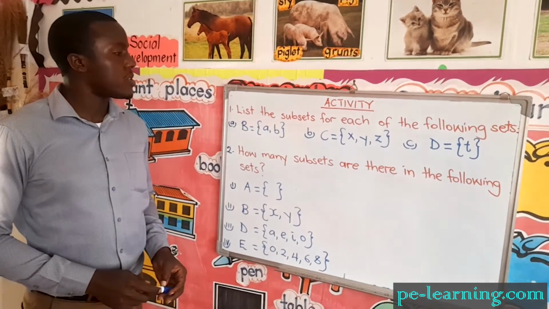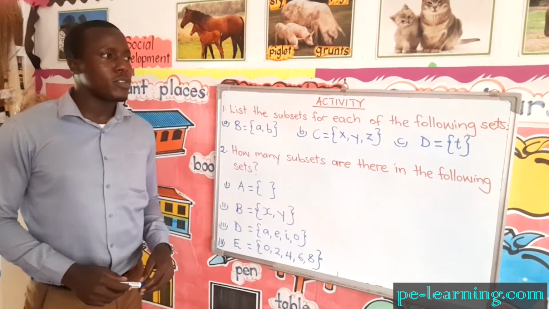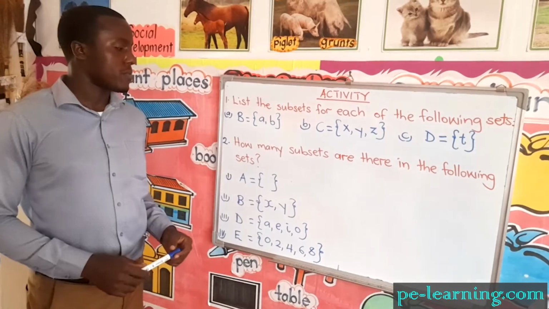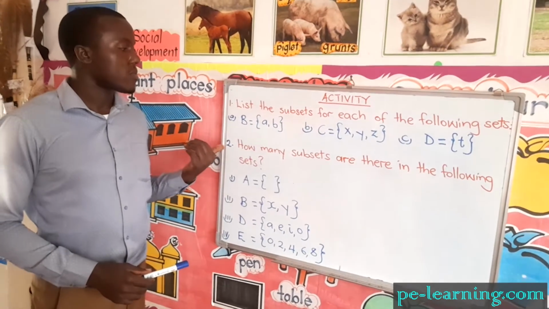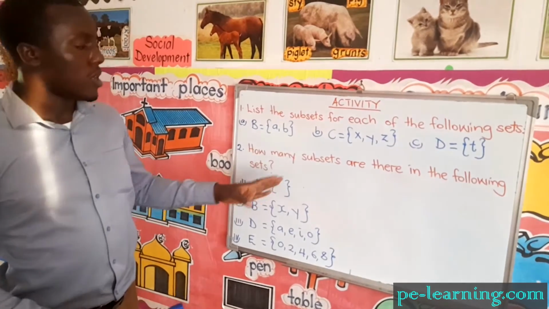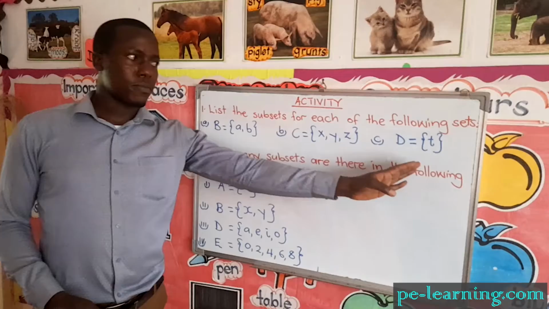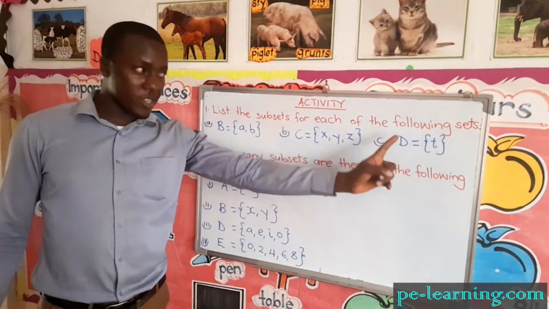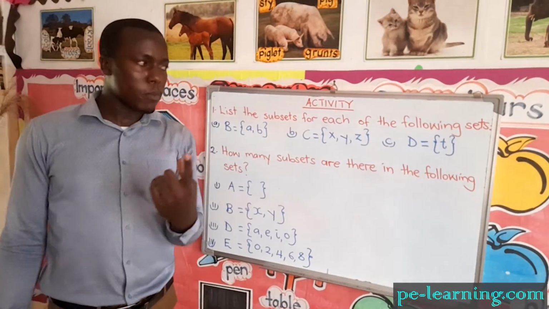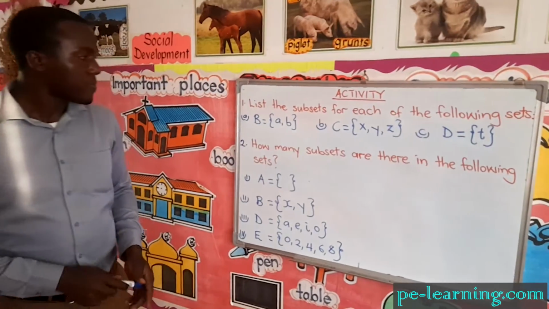And the first question here: list the subsets for each of the following sets. I have part A, set B; part B is here, then part C is here. In part C, we have set D, which has only one member. List the subsets for that set.